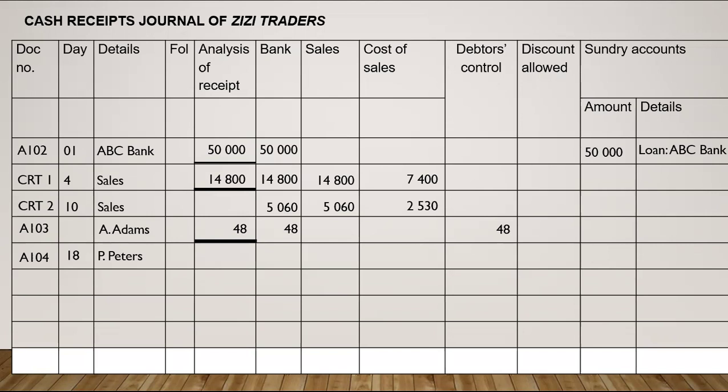It should be 4,275 on the bank. And under debtor's control, as I've said, you're going to put in the total amount that was owing. That will be 4,500. And then under discount allowed, you put the discount, which is 225.